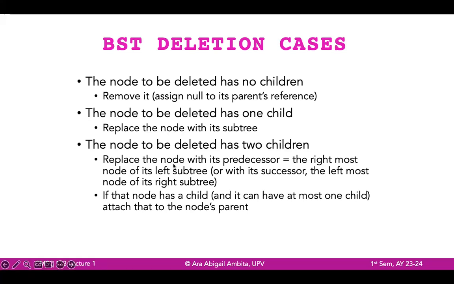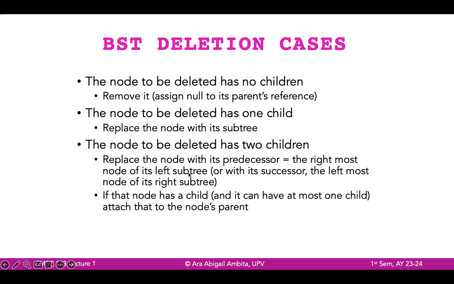What we can do here is replace the node with either its predecessor or its successor, depending on the implementation. When I say predecessor, it's the rightmost node of its left subtree. But when we say successor, it's the leftmost node of its right subtree. Later you will see how it is done.